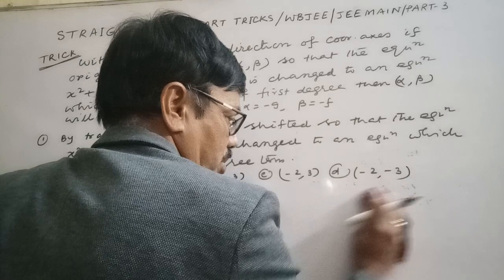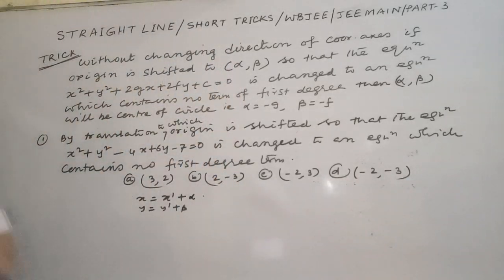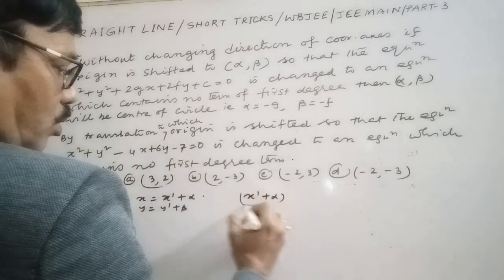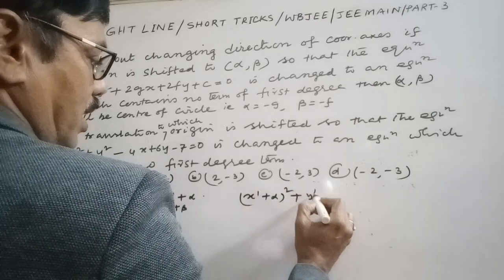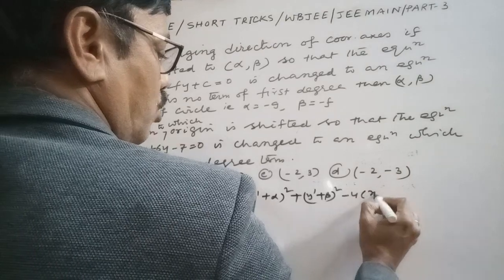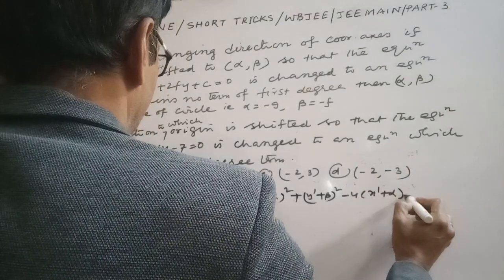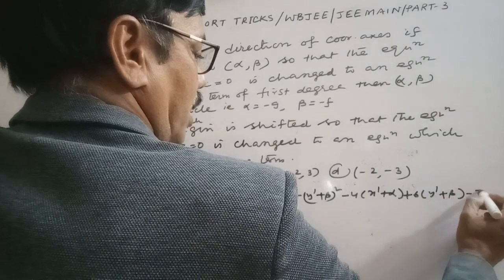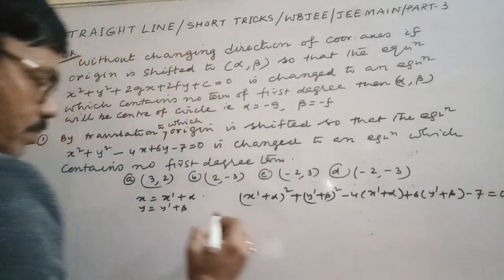If we use the general method, then put the values into the given equation. So, x dash plus alpha whole square, y dash plus beta whole square, minus 4 into x dash plus alpha, 6 into y dash plus beta, minus 7 equals 0.